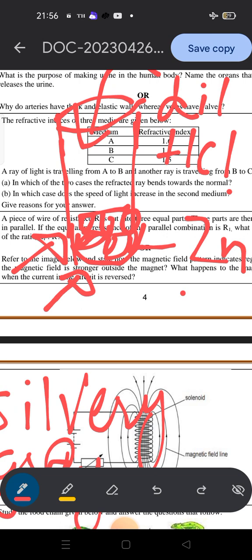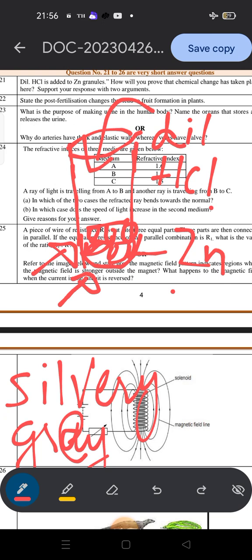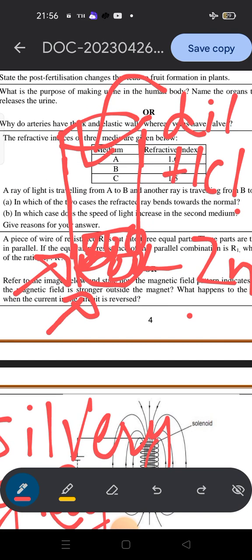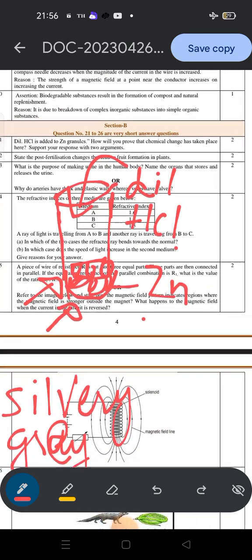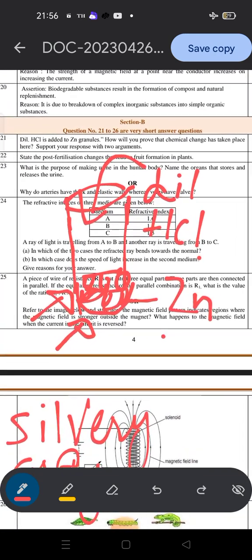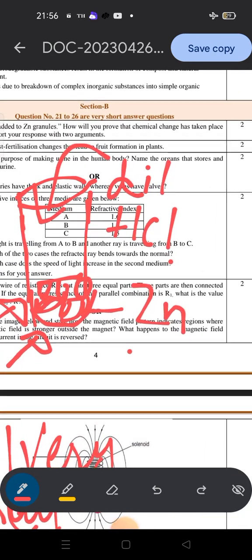So change in temperature is another indication of a chemical change. So here there is increase in temperature as the reaction is exothermic. So this is the second thing. In fact, if you can give these two arguments in support of your answer, saying that a chemical change has taken place when dilute HCl is added to zinc granules, we'll take one more argument.